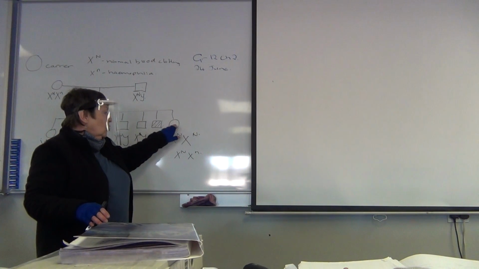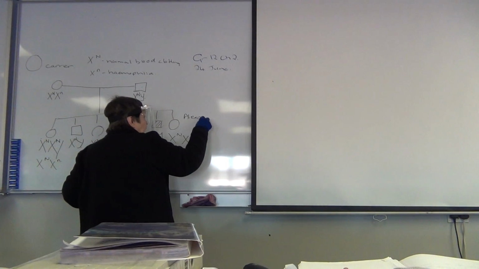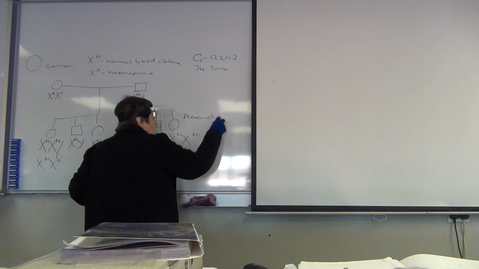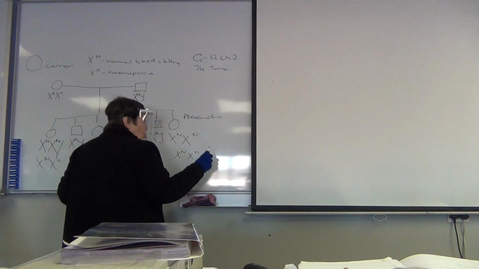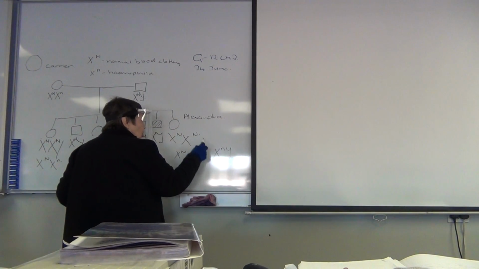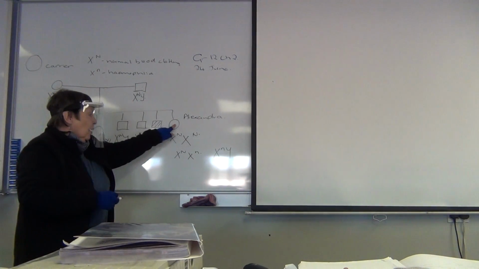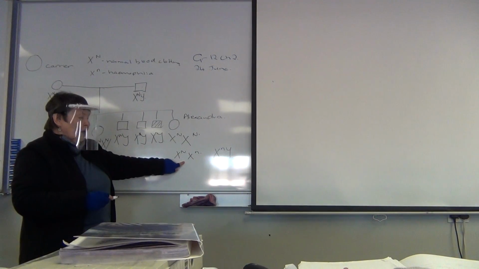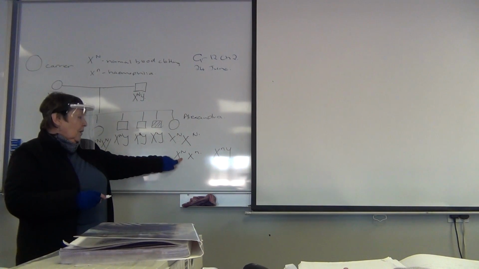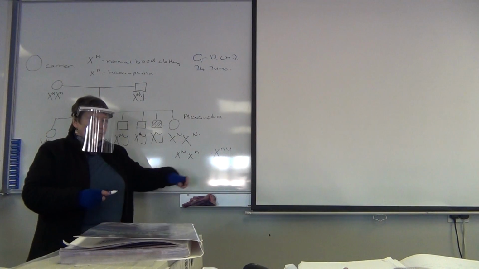If they had said this was Alexandra, they could ask you what that tells you about her genotype. So she must have been X big N, X little n, to have a son like that.